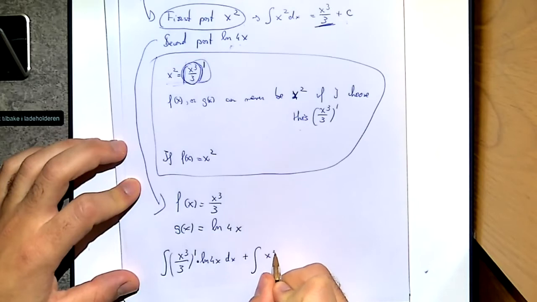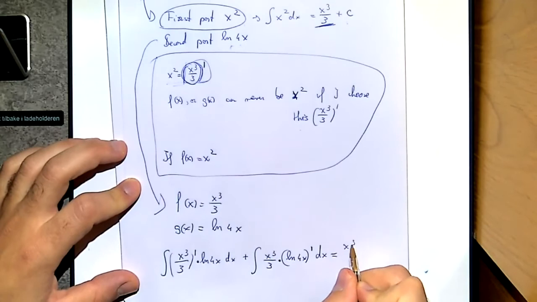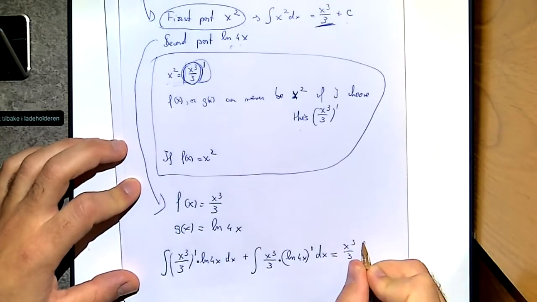My f of x multiplied by g of x, plus the integral of f of x multiplied by the derivative of g of x dx, is just equal to both functions multiplied with nothing else.